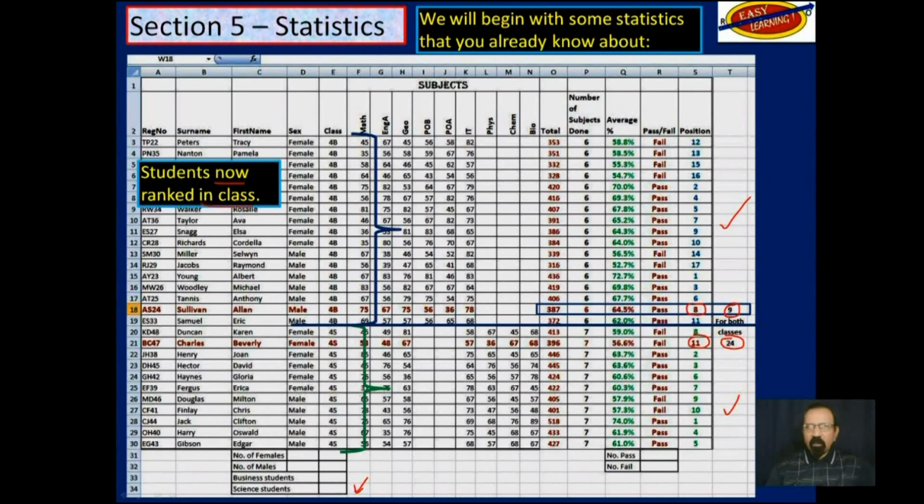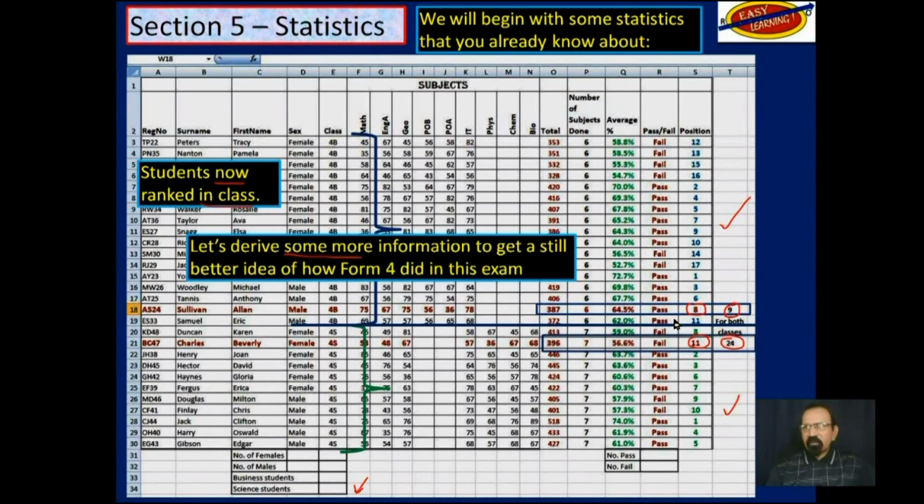So now the students are ranked by class, but we are not quite finished with this statistics page yet. Let's derive some more information to get a better idea of how Form 4 did. So what we will do, we will add down here under each column of marks, we will add the mean, we will add the highest, which is maximum, the lowest, which is minimum.